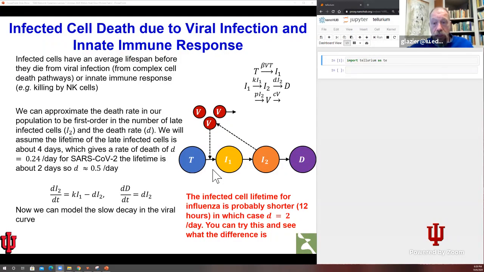So that was maybe a little more detail than we wanted, trying to explain the idea that when cells are infected with virus, they die. The naive idea is that the virus is killing the cells. That can happen up to a point, but it's not just that the virus is damaging the cells and killing them.